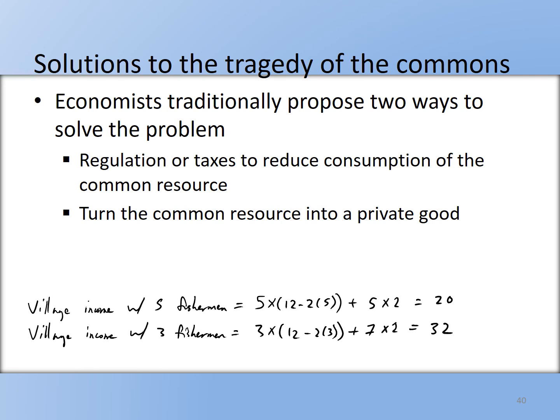For example, for forestry, you can either tax wood logging, or you can sell off the rights to particular pieces of land with trees on them. Both methods would help to reduce the common resource problem, and we'll see why.